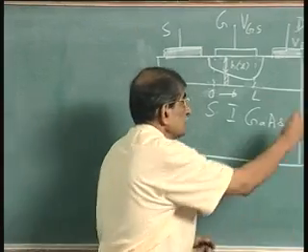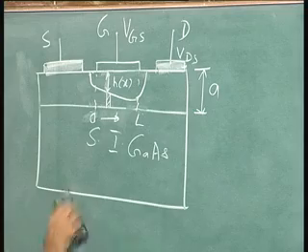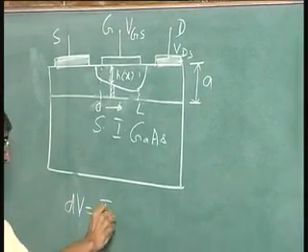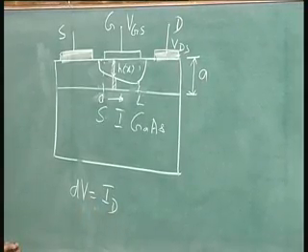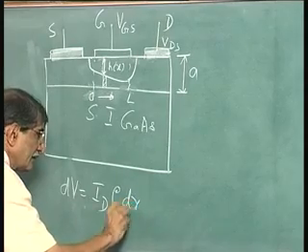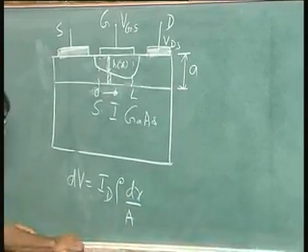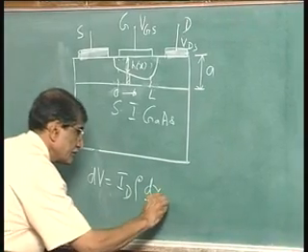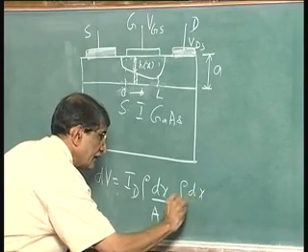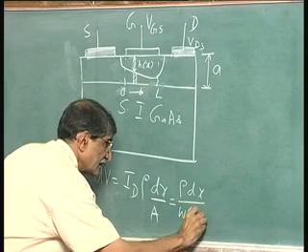So, the voltage drop dV will be equal to I_D into rho into dx divided by area, and area is nothing but W into (A minus h).